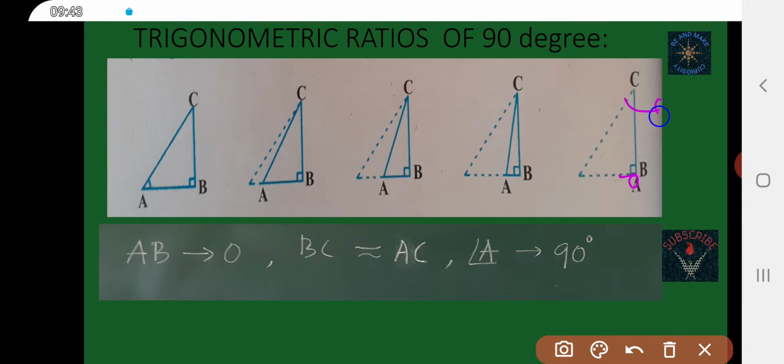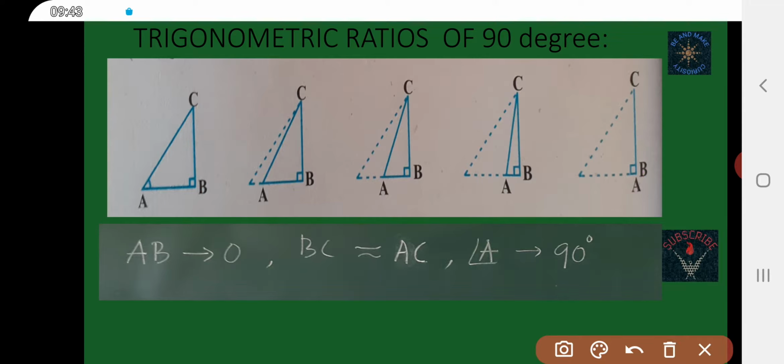And this side AC almost coincides with side BC.